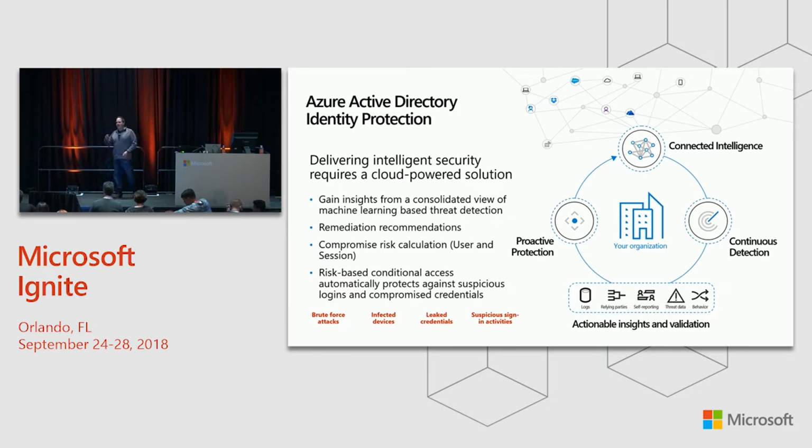So if you ask what the risk is of, it's the risk of compromise. So Identity Protection does those calculations on every authentication. And then we use conditional access, specifically risk-based conditional access, to automatically protect the suspicious logins or to remediate a compromised account, an account that we've determined is compromised.